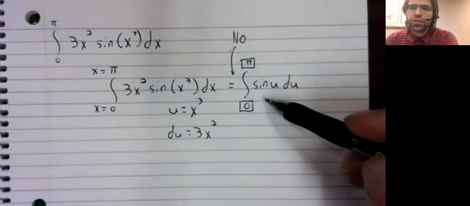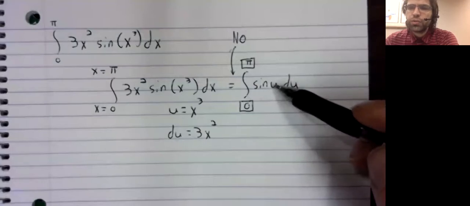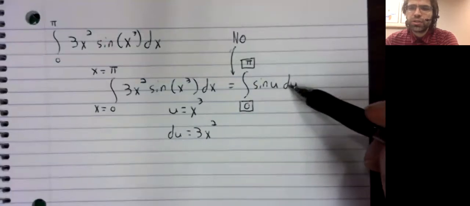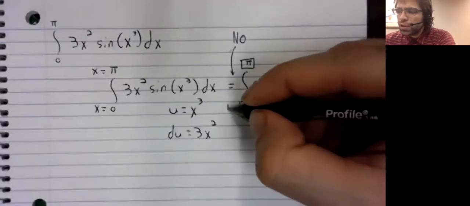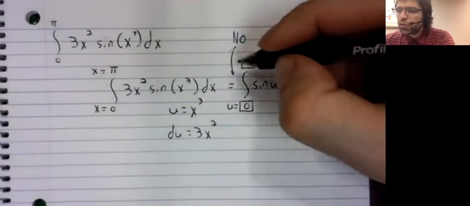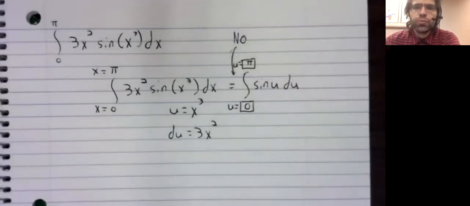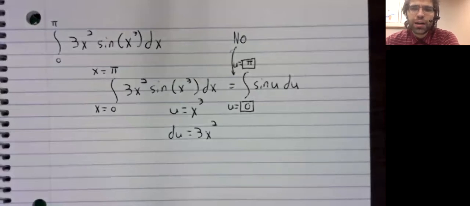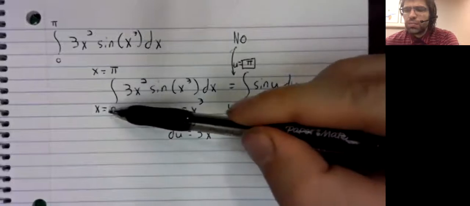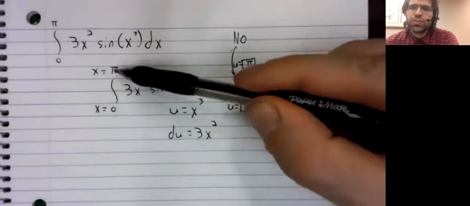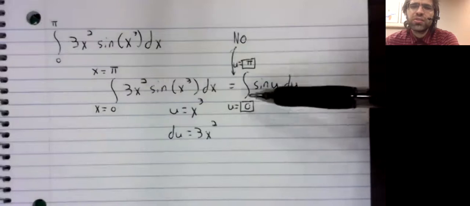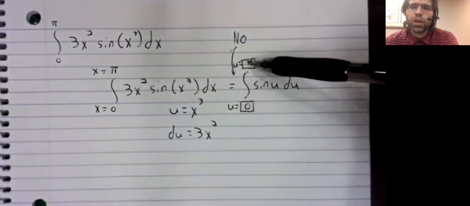Here, everything's in terms of U. The sine of U, we're integrating with respect to U. And if we wrote 0 and pi here, it's U that's going from 0 to pi. But just because x is doing this doesn't mean this dummy variable U should be.